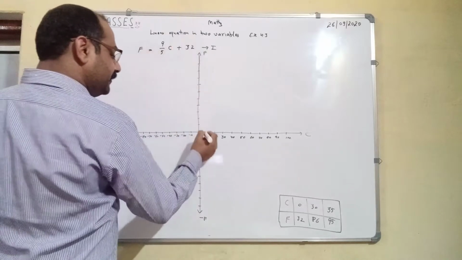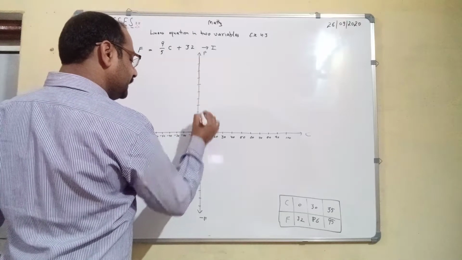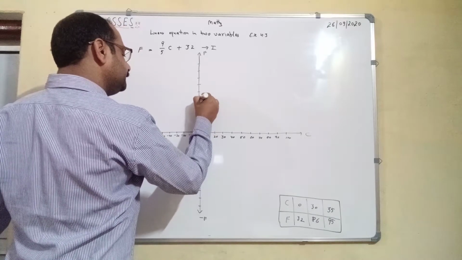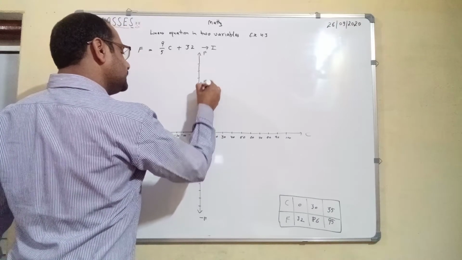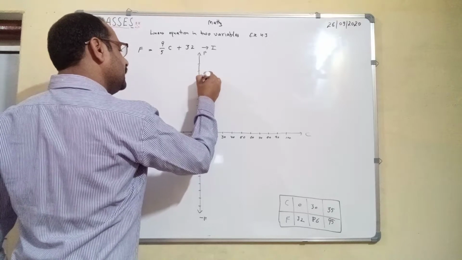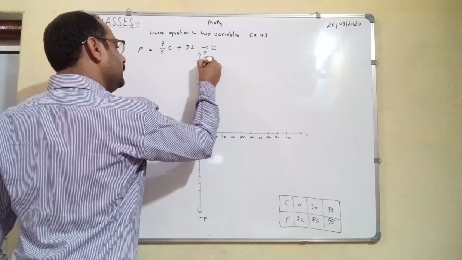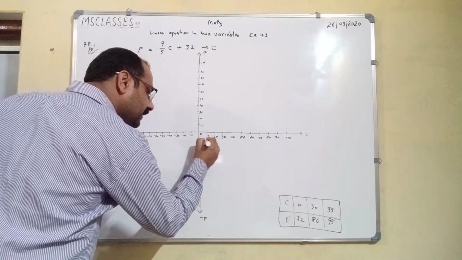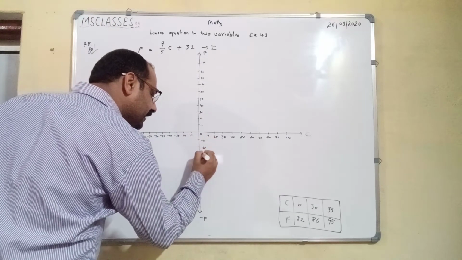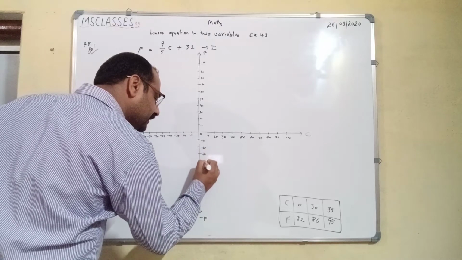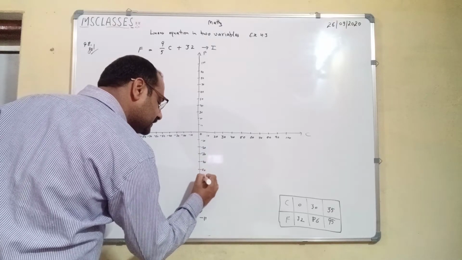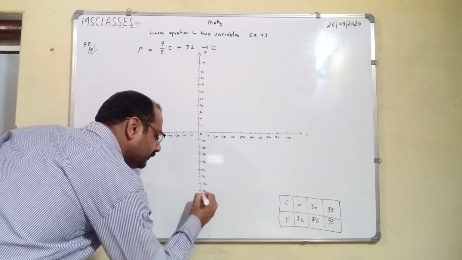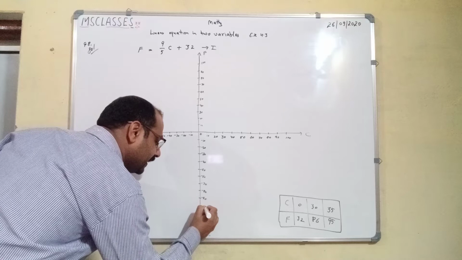And toward the top, all will be positive: 10 20 30 40 50 60 70 80 90 then 100. And toward down, all will be negative: minus 10, minus 20, minus 30, minus 40, minus 50, minus 60, minus 70, minus 80, minus 90, minus 100.